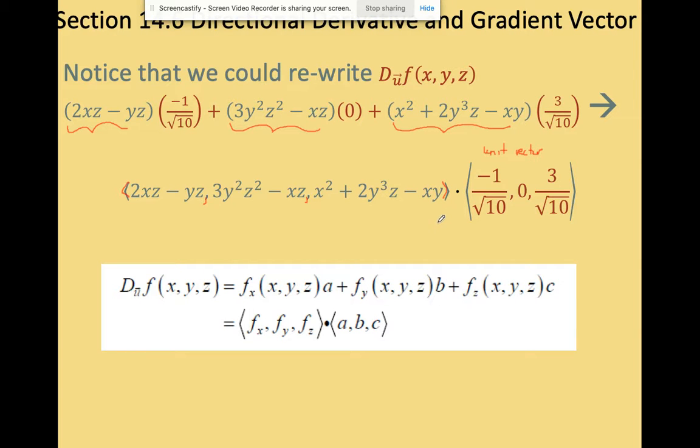But that's kind of nice. The directional derivative is a dot product, and it is a dot product of the vector made of the partial derivatives times that unit vector.